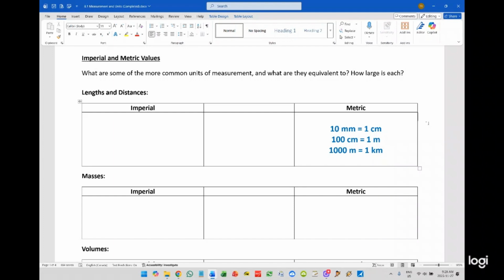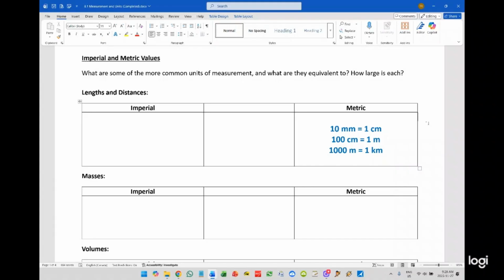When it comes to metric for distances and lengths, we tend to measure things in millimeters, centimeters, meters, or kilometers. We can measure things in less than millimeters, and people do, but not usually on a regular basis. For instance, in science class, if you're using a microscope, you might use micrometers, or if you're a quantum physicist, you might use nanometers, which is the size scale of atoms. That's very, very small.